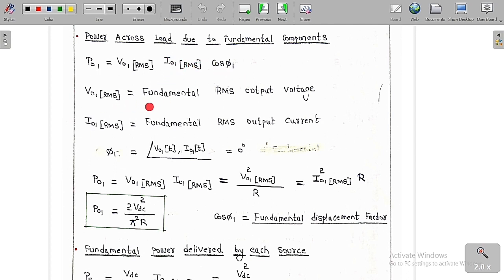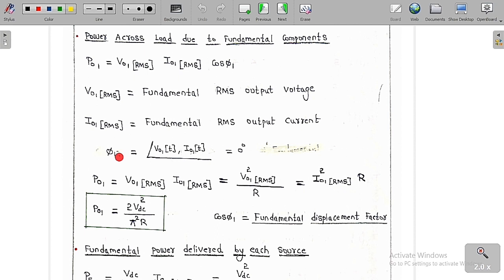V01 RMS is the RMS value of the fundamental component of the output voltage, whereas I01 RMS is the RMS value of the fundamental component of the output current.